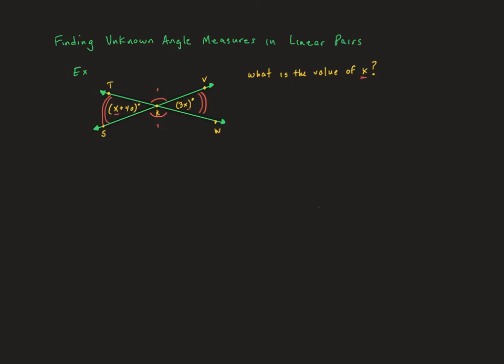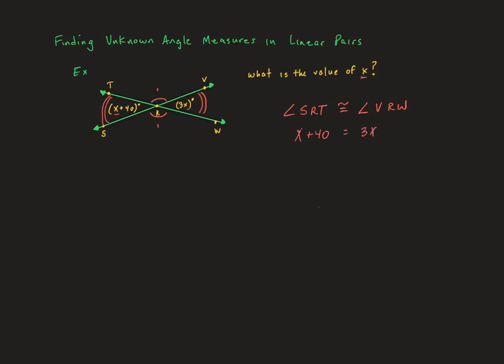So it looks like angle SRT is congruent or equal to angle VRW. And doing some substitution, well, I know that this angle is going to be x plus 40, which is going to be equal to 3x.